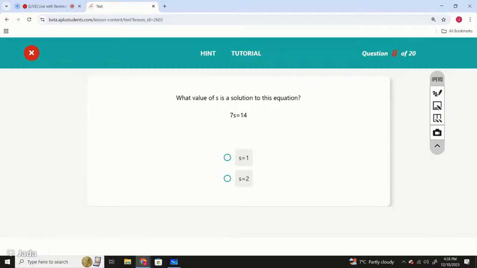What value of s is a solution to this equation? 7s equals 14.